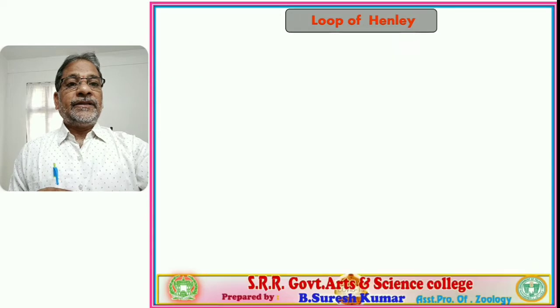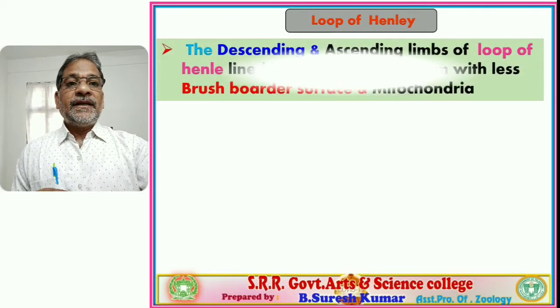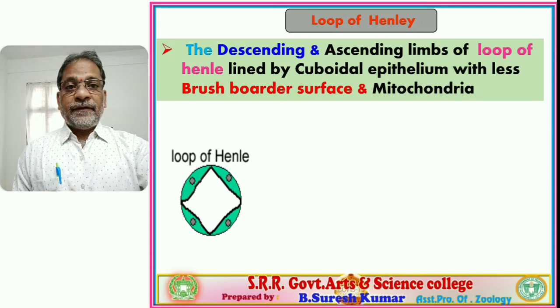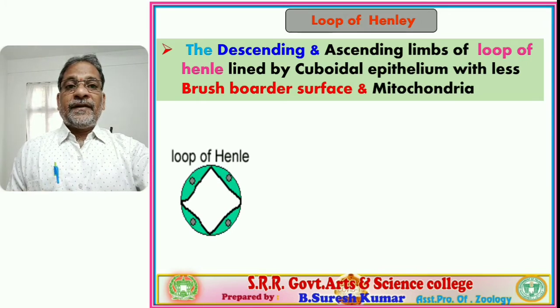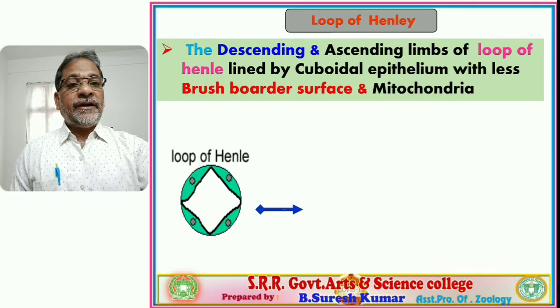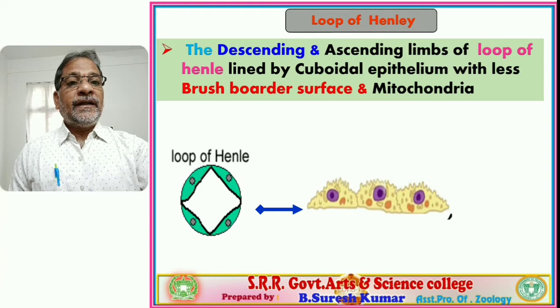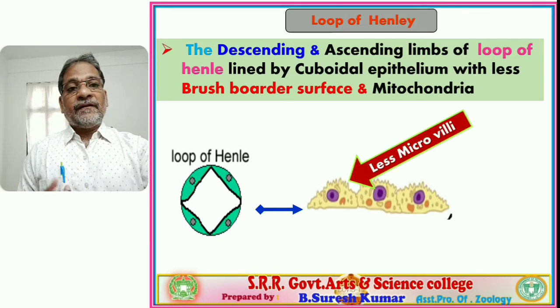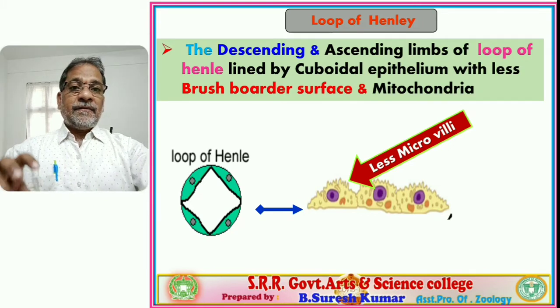Followed? Right. Next, if we observe the histology of the loop of Henle, the wall of the loop of Henle is also lined by cuboidal epithelium, but the epithelial cells have less brush border surface and fewer mitochondria. You verify the cells of the loop of Henle, they are completely flat. Of course, they are cuboidal cells but flat.